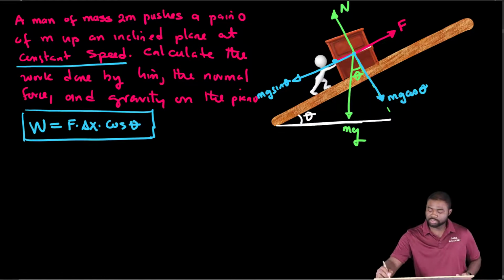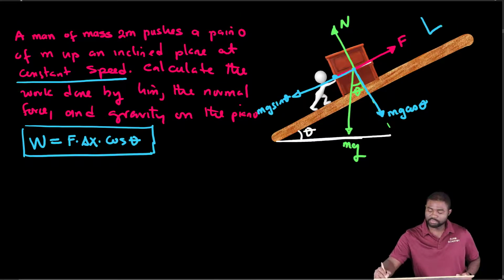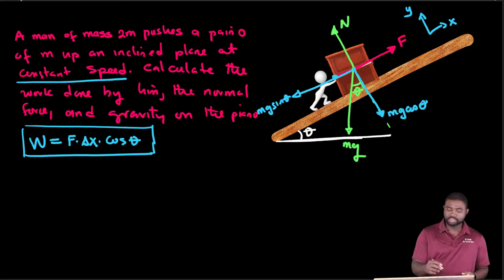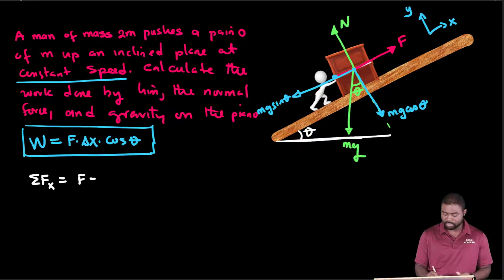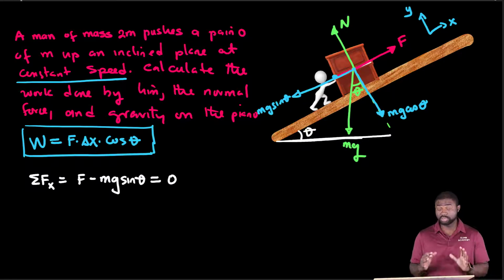Now I'm going to choose my positive direction to be along the inclined plane. This is my x direction and this is my y direction. That means that the piano is being pushed along the x direction. The sum of forces along the x direction will be equal to F minus mg sine theta, and all of this should be equal to 0, because the piano is being pushed up the plane at a constant speed.